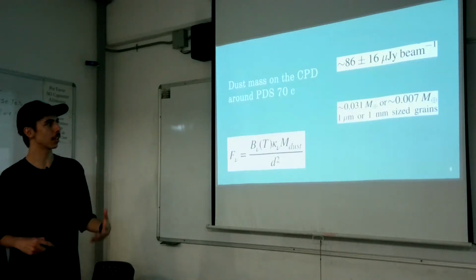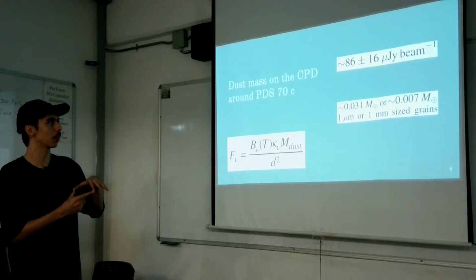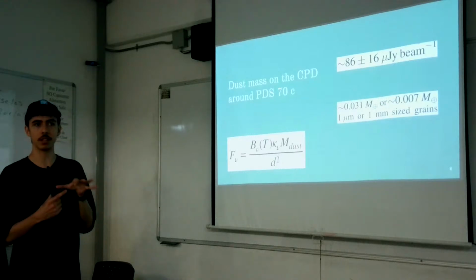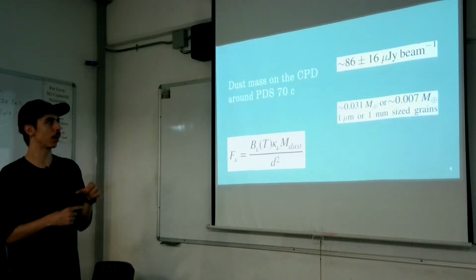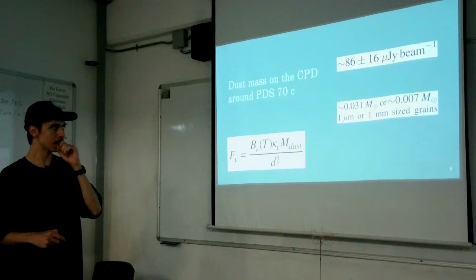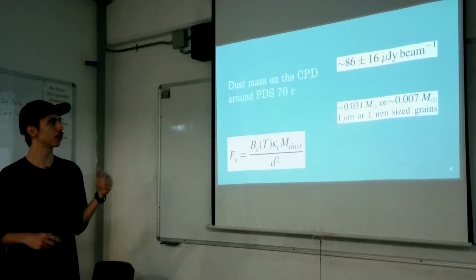This is the intensity of the circumplanetary disk around planet C, and this leads to a couple of possible values of the mass of that disk, the dust mass around the planet. But each value depends on the size that you assume the grains should have. So we go from 1 micron grains to 1 millimeter grains, and you get these different values.